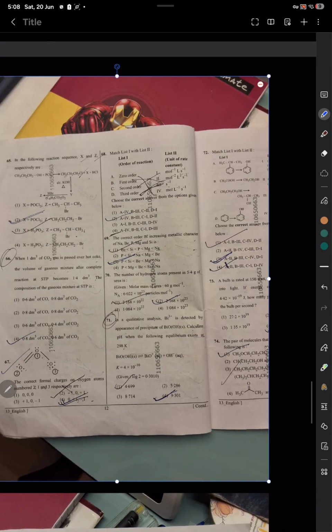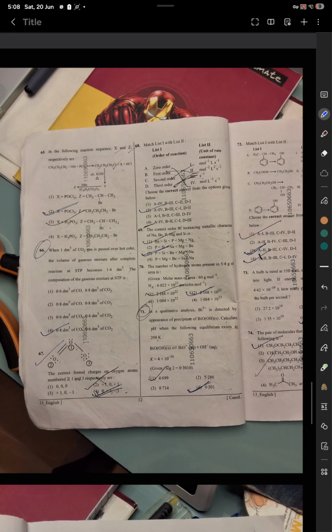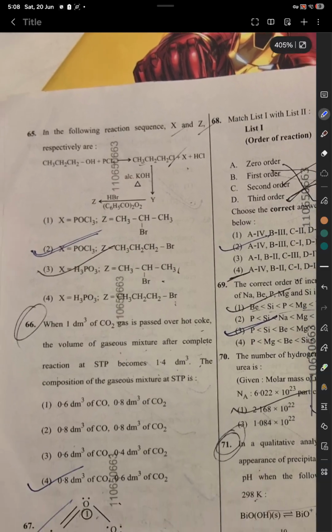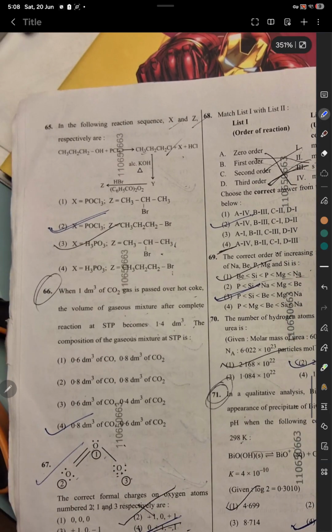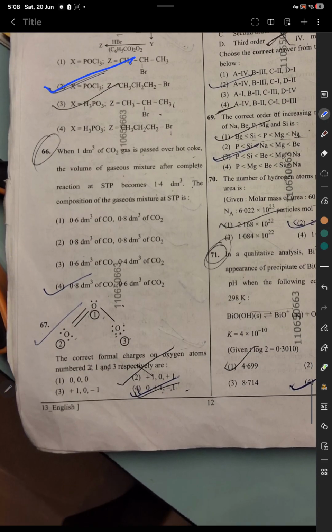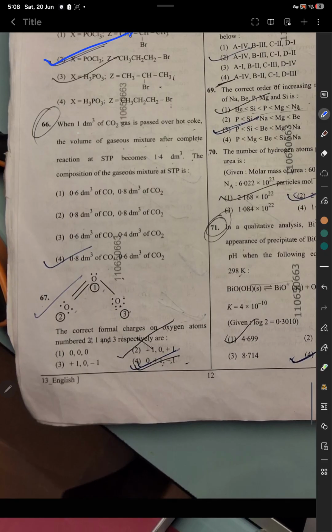Let's move to next question. Question number 65. In the following reaction sequence, X, Y and Z respectively are? Your option 2 is correct. Question 66. When 1 dm3 of CO2 gas is passed over hot coke, the volume of gaseous mixture after completing reaction at STP becomes 1.4 dm3.